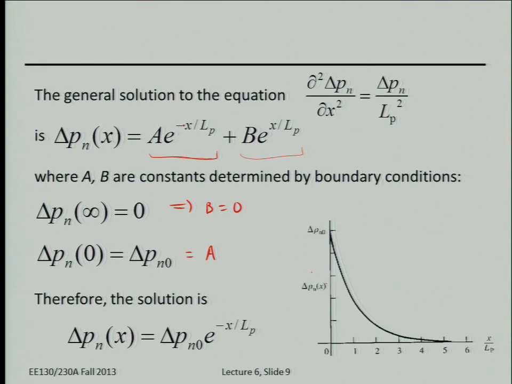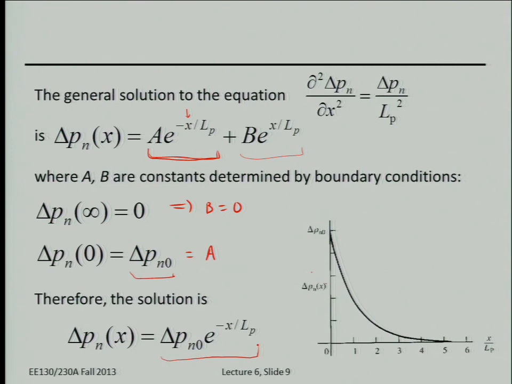If you plug in x equals 0, the exponential of 0 is 1, so at x equals 0 the function has to equal delta p n naught by definition. So a is equal to delta p n naught, and this is the solution: an exponentially decaying function, reaching a maximum at the surface at delta p n naught.